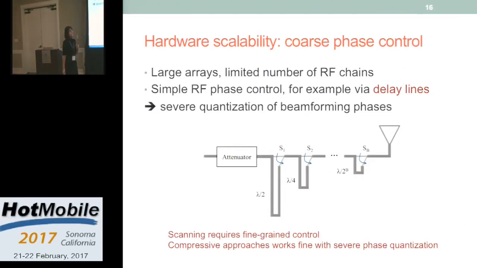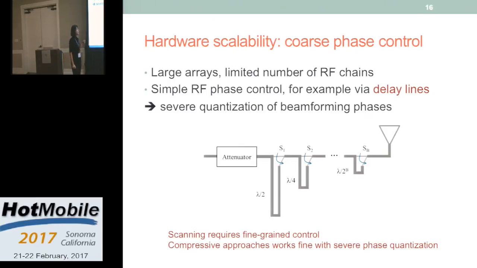Also, there are some other hardware constraints, like these phase shifters that we are designing the pattern with. Since we don't have as many RF chains as antenna elements, we need to do everything in the RF domain. So these phase shifters should be implemented in the RF domain with delay lines, and that is expensive.